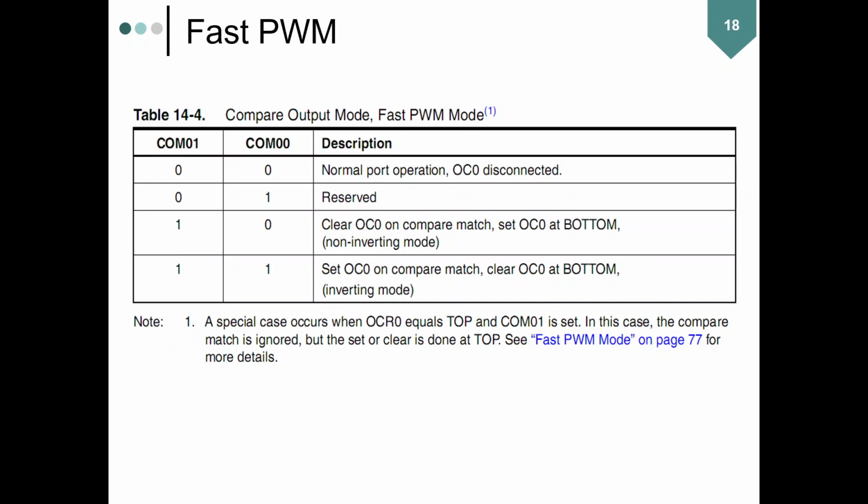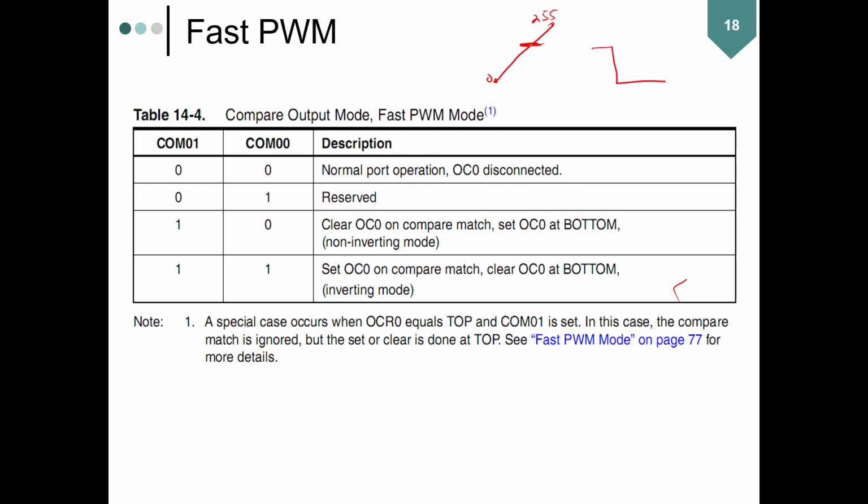In the fast PWM, when these bits are 00, it means normal port operation, so OC0 is disconnected. 01 is reserved. 10 is clear OC0 on compare match and set OC0 at the bottom. So if your counter is going up and up, from 0 to 255, and a comparison occurs at this point, then at the comparison it is going to clear OC0.